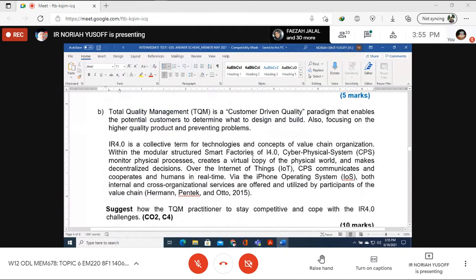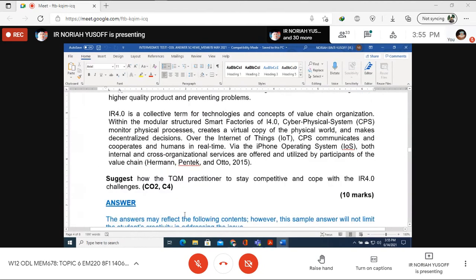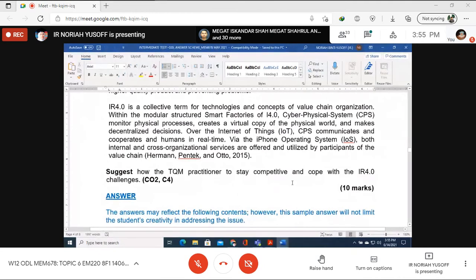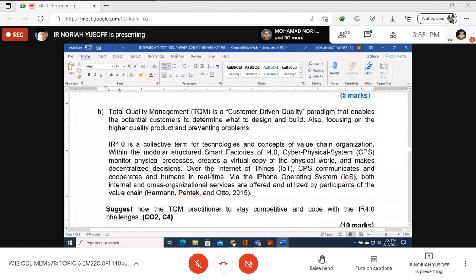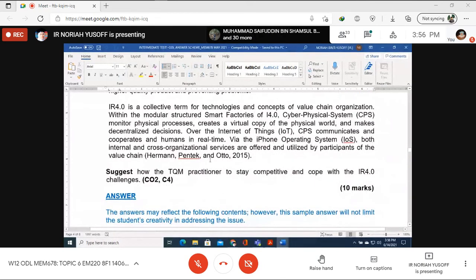Okay. And then here question 1B, it is about the TQM. And I put it in terms of IR 4.0. So I want you to suggest how the TQM practitioner can stay competitive and cope with the IR 4.0 challenges. So you have to look from the manufacturer's or organization's point of view. Say you are an engineer in that company, how do you look into that issue? Because I asked about the TQM practitioner in an organization. So you have to reflect.